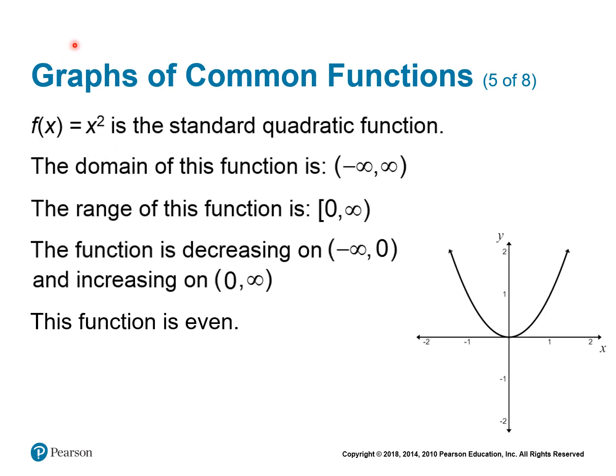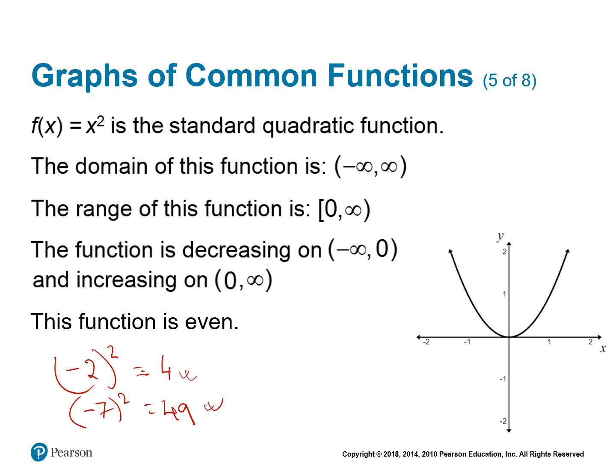Negative 2 squared is always going to be positive 4. Negative 7 squared is going to be 49, correct? So whatever negative value you square, you should always come up with a positive value.